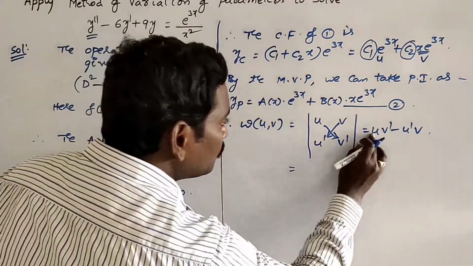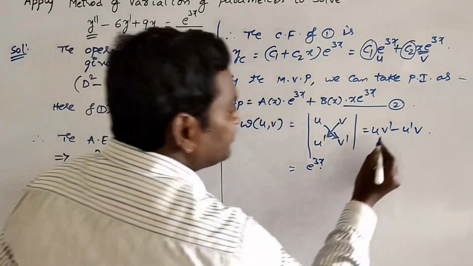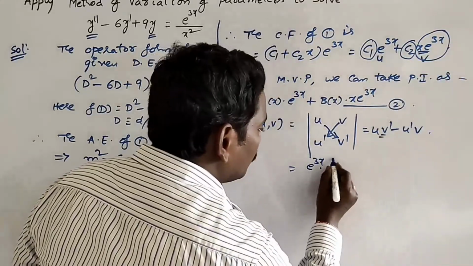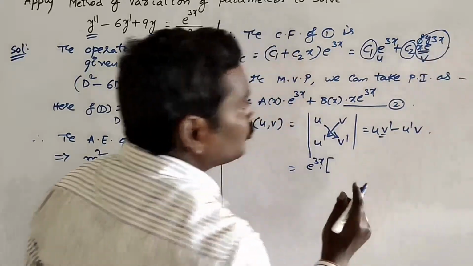What is u? e power 3x. And what is v dash? The derivative of this part. Open a bracket. Here we have to apply the product rule, since two functions are in product.